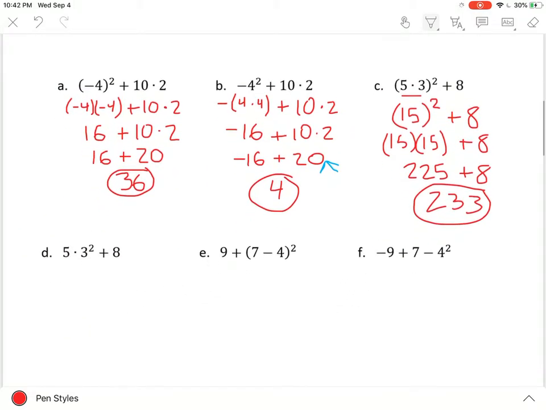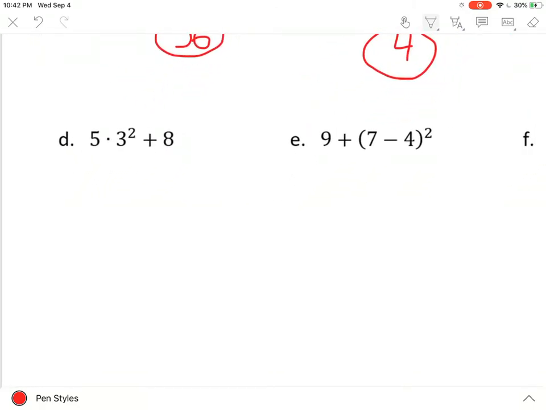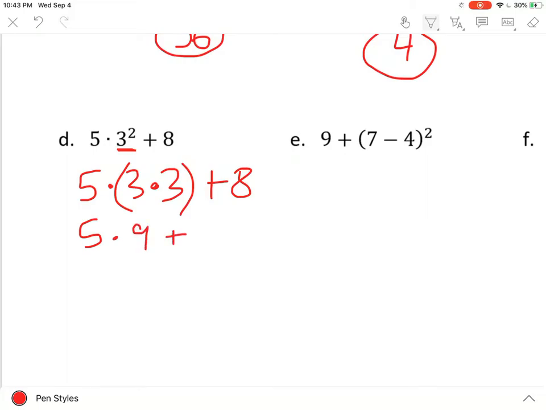Now let's look at D, knowing what's happening with C. There's no parentheses here, so the order of operations tells us that the exponents are what's going to happen first. So 5 times, what's 3 squared mean? Well, that means 3 times 3, right? Plus 8. So 3 times 3 is 9. 5 times 9 plus 8.